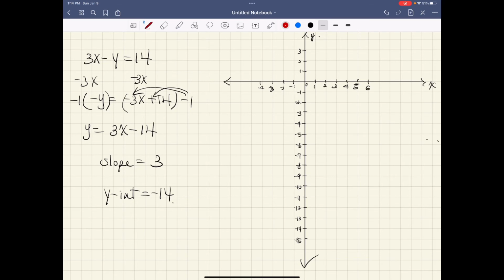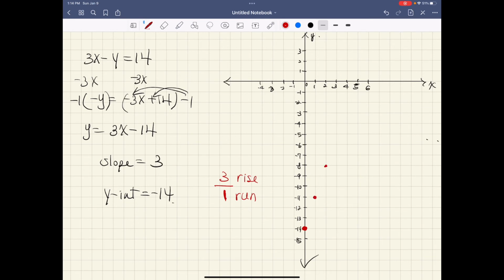So find negative 14, and slope 3 means 3 over 1, rise over run. So from here you have to go up 3 and to the right 1. 1, 2, 3, 1 right.